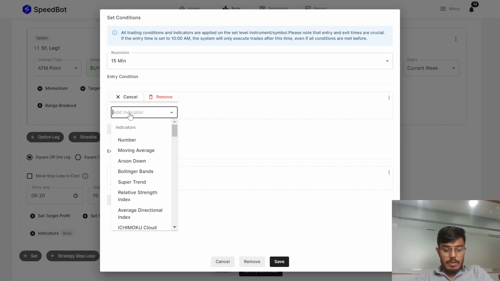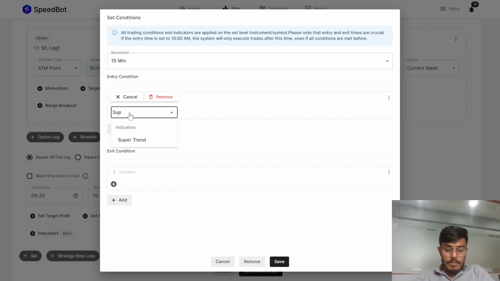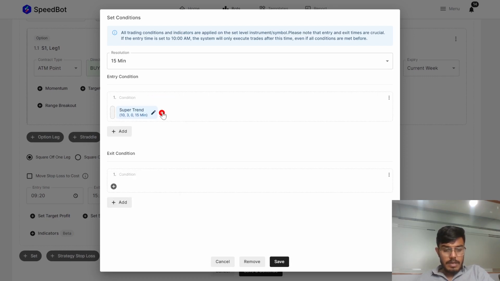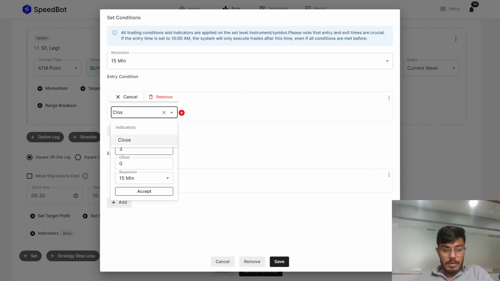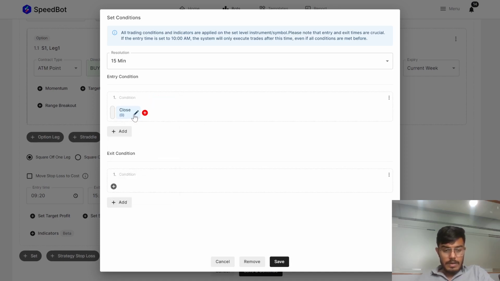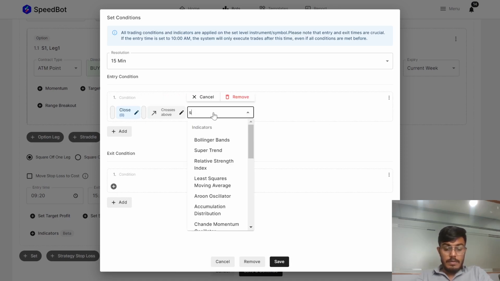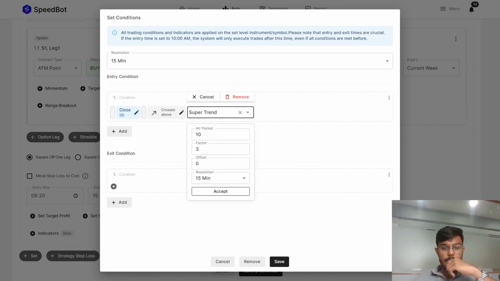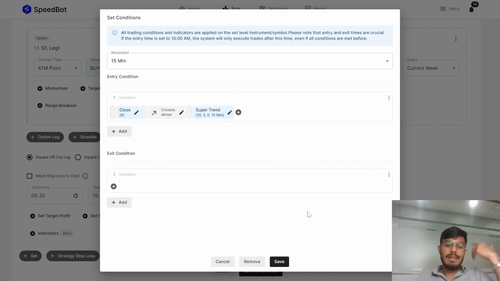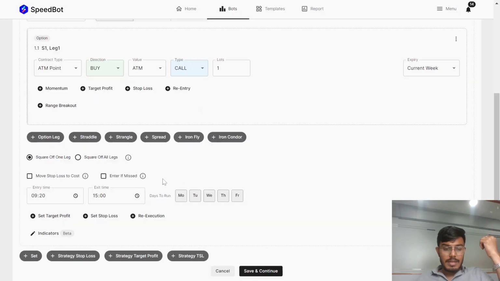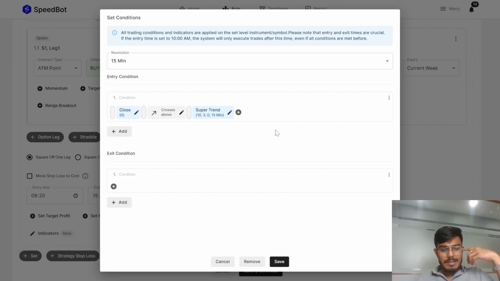And over here, let me just add that whenever the super trend turns green on 15-minute time frame, that is, just a minute, that is the current market price crosses above the super trend, perfect, then we'll take an entry position, right?